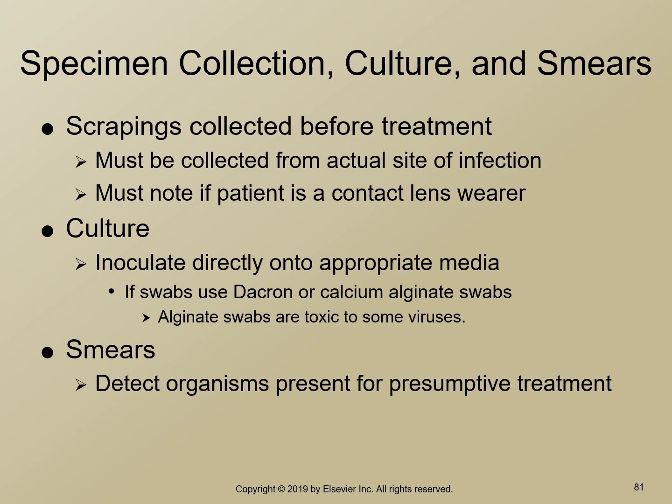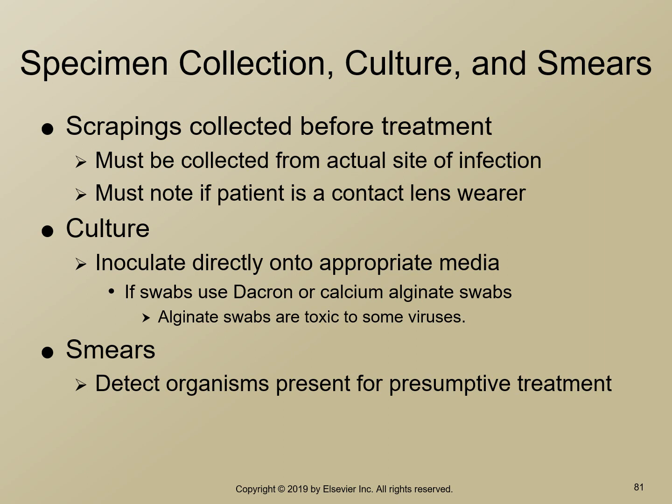So that would be within 24 to 48 hours for bacteria and 3 to 7 days for viruses. And the specimen should be collected before any antimicrobial treatment has been administered. The sample should be collected from the actual site of infection. For example, conjunctival and eyelid cultures are inadequate to assess corneal involvement.